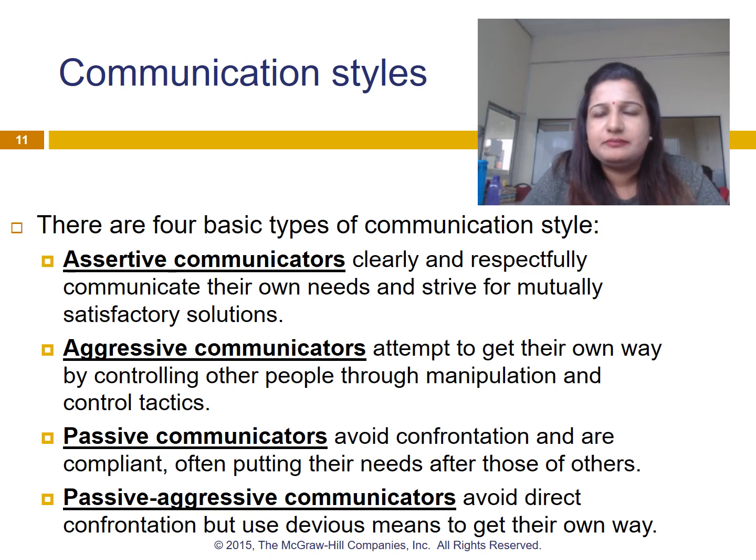That's assertive. So an aggressive communicator might not confront you, but what they might do is, for example, if it's a teacher and the student, and the student is an aggressive communicator, he might not at all tell the teacher that he's not happy with the teacher.